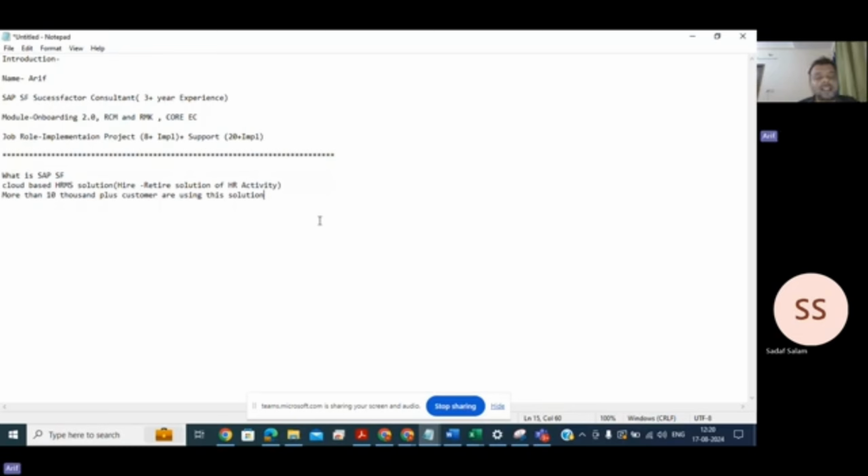With the big number, SuccessFactor is leading the market, and that's why in the industry, if you talk about the availability of consultants, SuccessFactor demand is always high. That's why there is always job availability in the market for SuccessFactor consultants, and it's an evergreen job which every company is looking for, because other customers who are right now in Workday or Darwinbox are slowly and gradually also moving to SuccessFactor, because SuccessFactor is a robust solution.